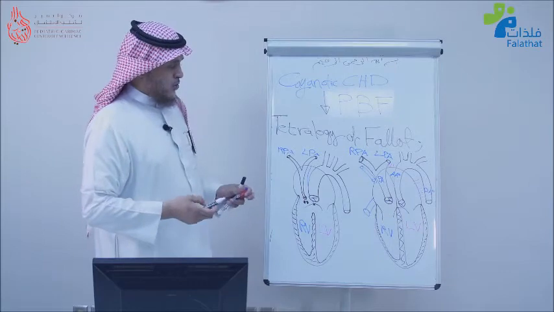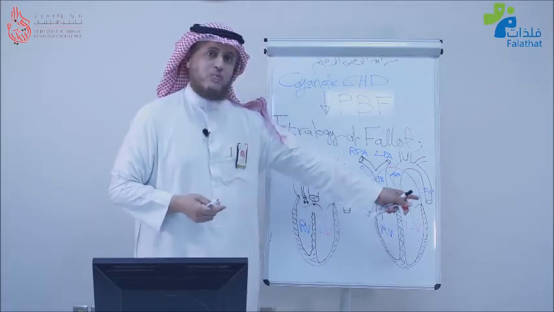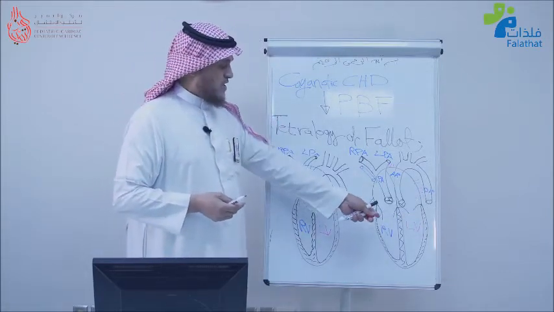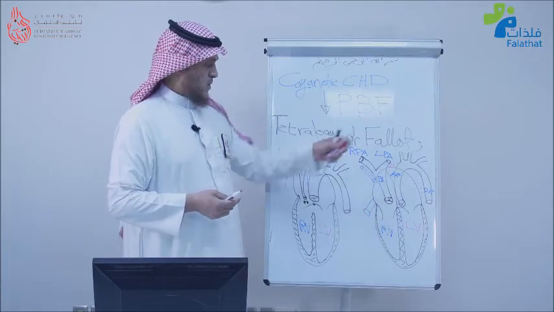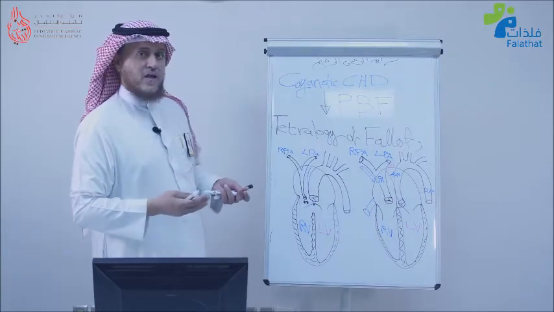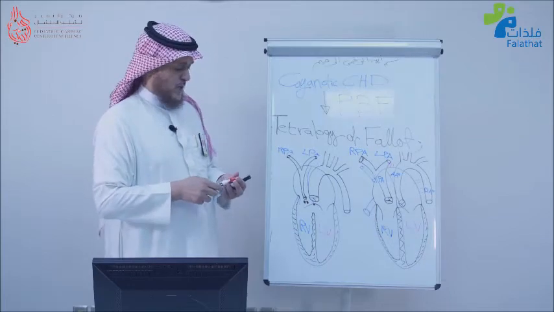And by this, we maintain our saturation normal on the left side, and we take the deoxygenated blood on the right side to pump to the lungs to be oxygenated.